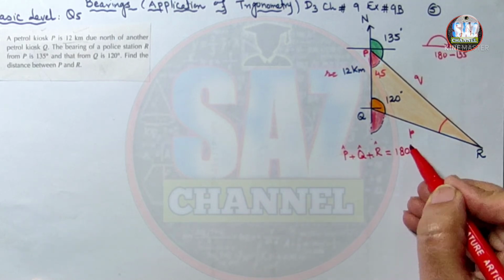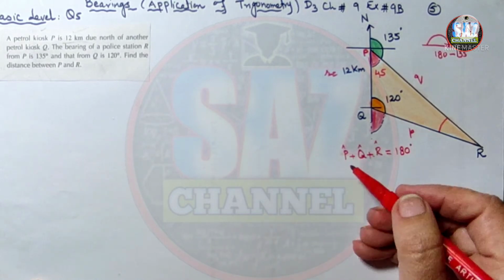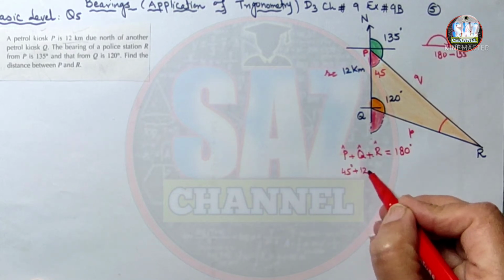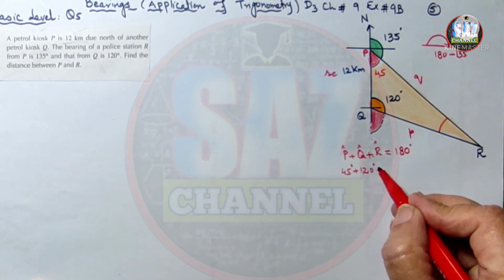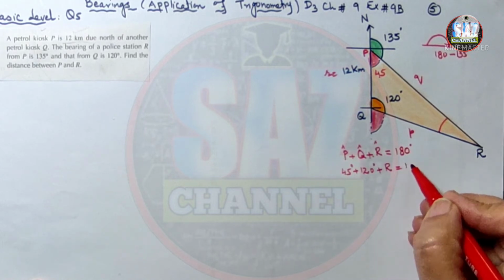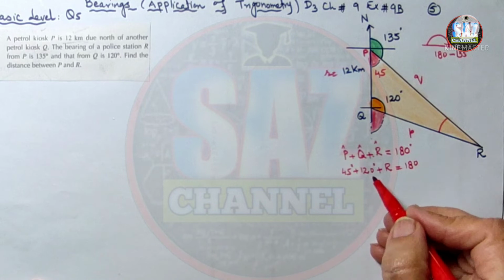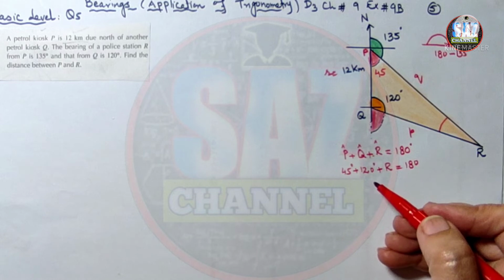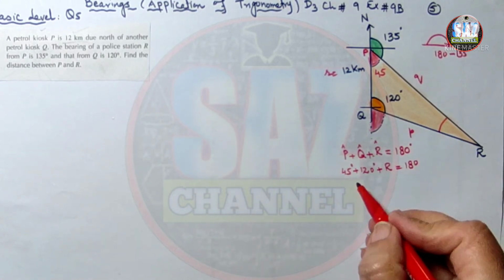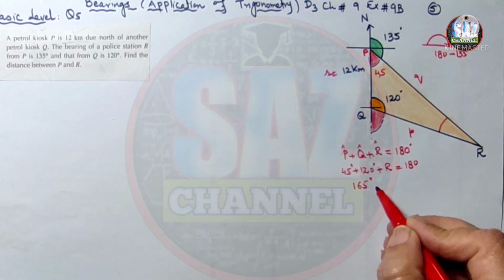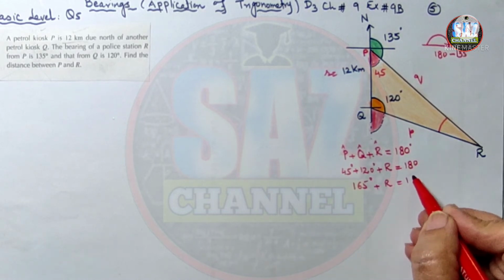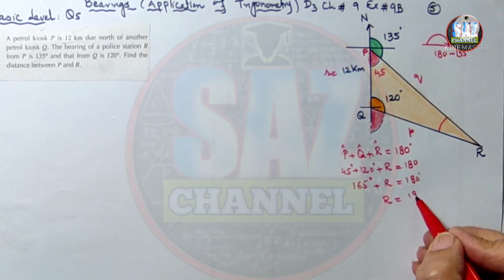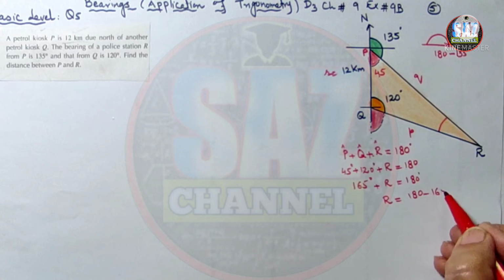Angle P has a value 45 degrees and Q has a value 120 degrees, and R is unknown. 120 plus 45 is 165 degrees, plus R equals 180 degrees, and R equals 180 minus 165.